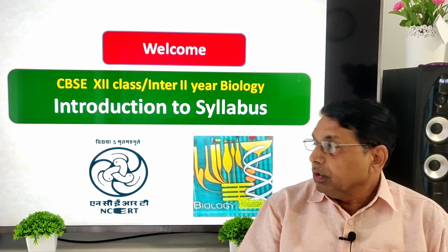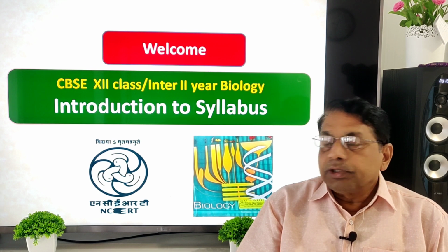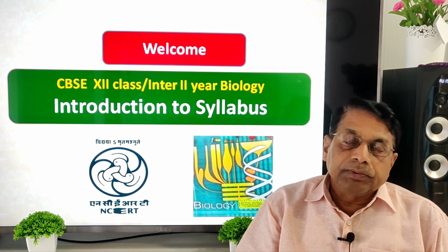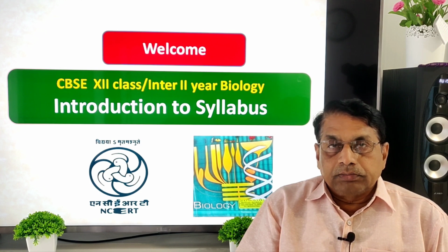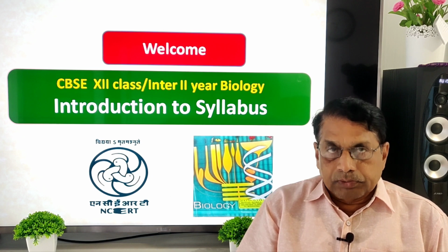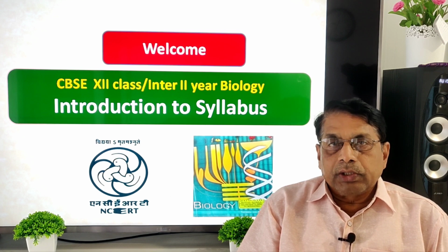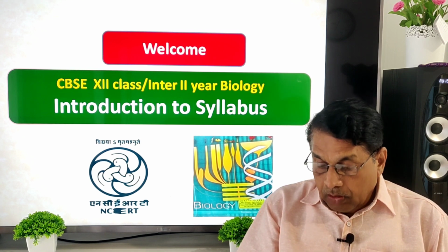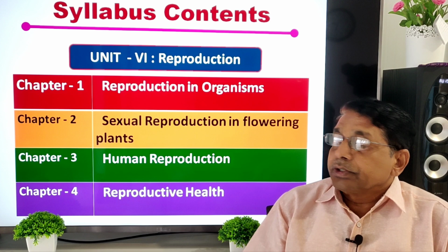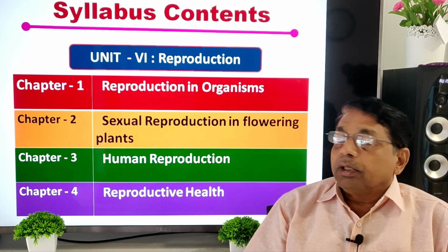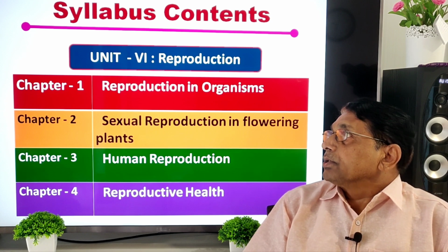This is your 12th class prescribed book published by the NCERT. Like the 11th class syllabus, here also 5 units are included. The unit numbers are given in continuation of the 11th class syllabus.